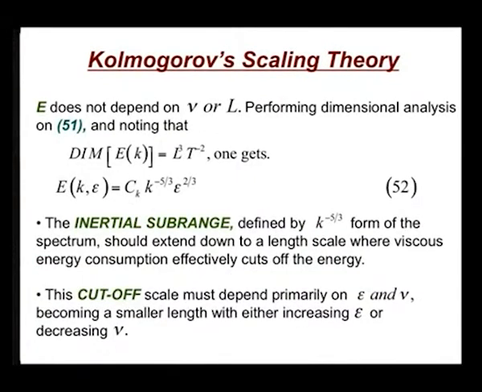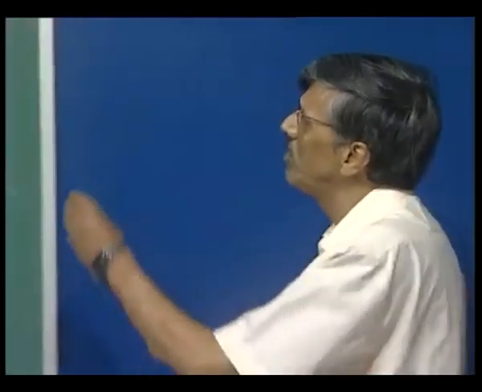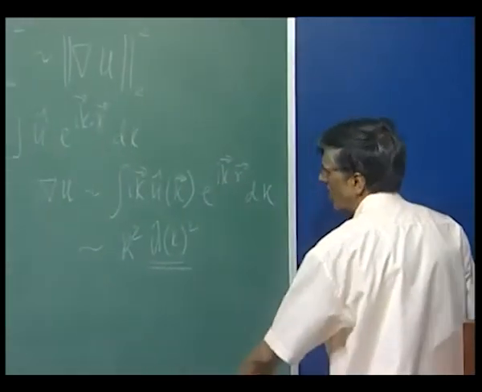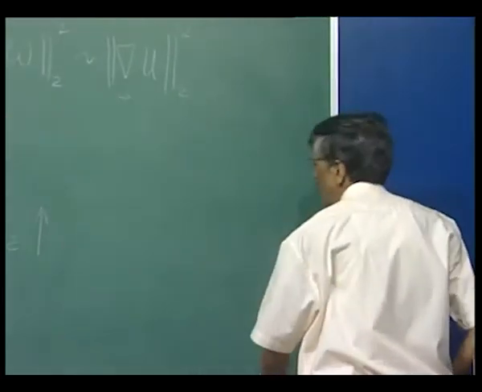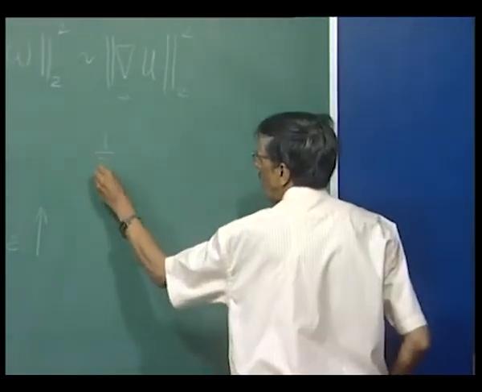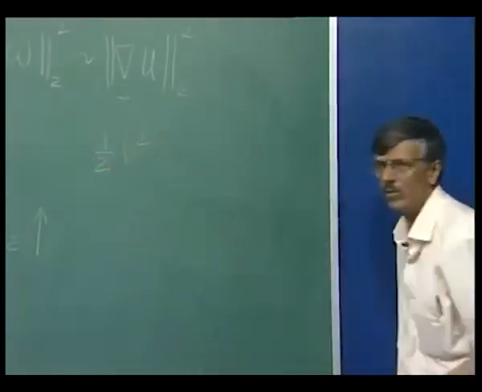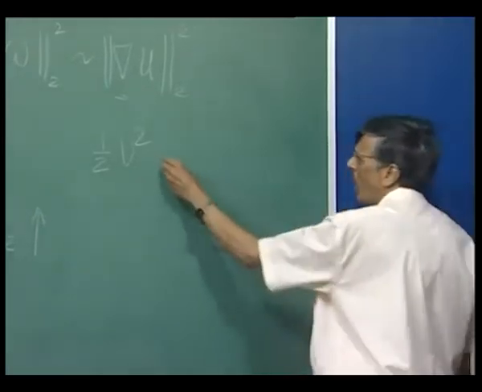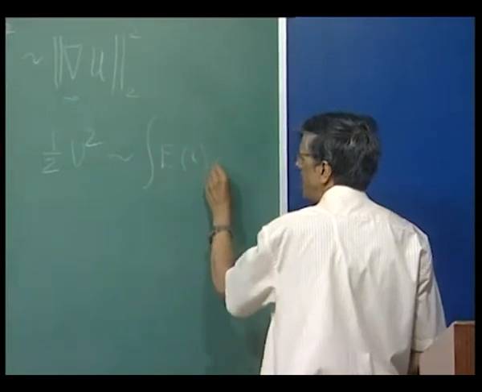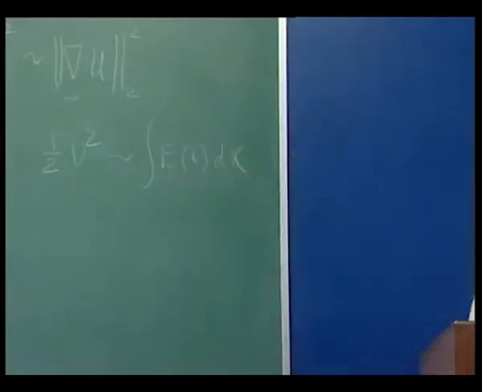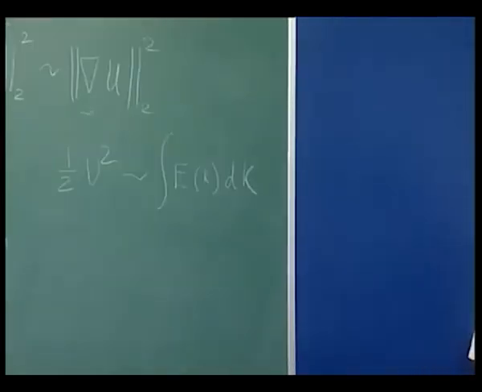Now, what about the dimension of E? How do we go about doing that? See, the dimension of E, if you recall, it is something like this. The energy is something like this, right. And what was it that we saw? That was like E k d k. Fine, you agree with me? So, what about this then?